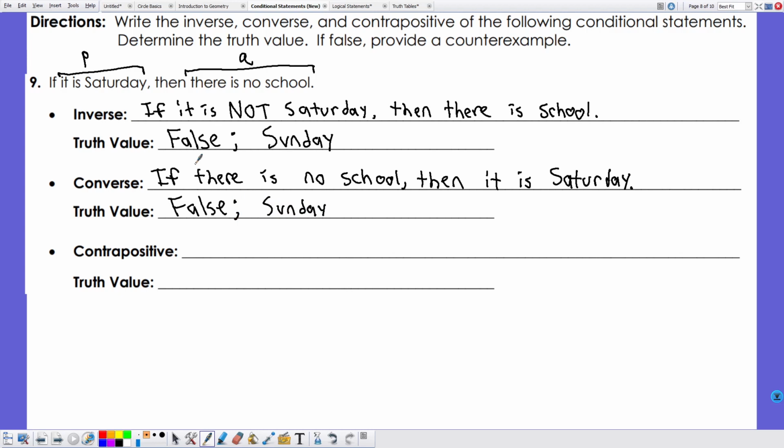And now the contrapositive, where we negate both P and Q and then switch the positions. It's going to go like this. We're going to negate Q, so if there is school, then the negation of P, then it is not Saturday.